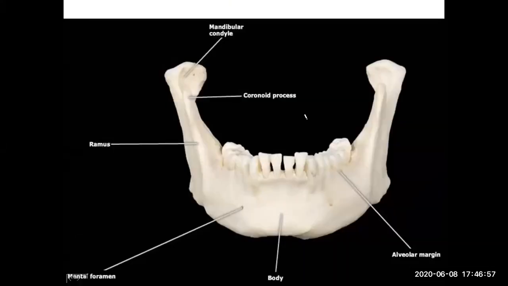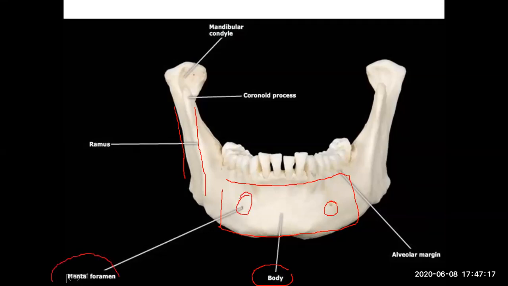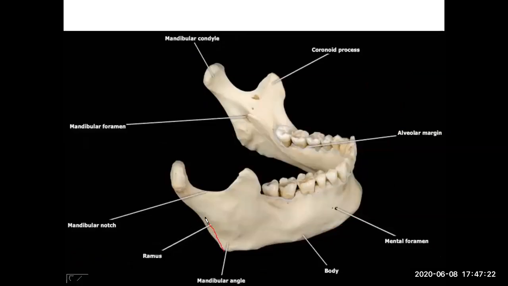And a closer look at the bone. So again, the lateral portions, that's the ramus, all the area of our chin, that's all the body region. And the holes contained within, that's the mental foramen. We have the ramus, and as it branches to both a coronoid process and a condylar process.